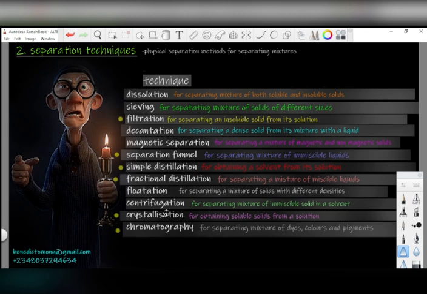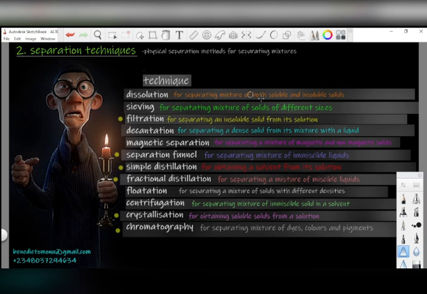All these methods are important, but you see these ones in yellow, they are the ones that IGCSE always asks about: filtration, separating funnel, simple distillation, fractional distillation, then crystallization and chromatography.